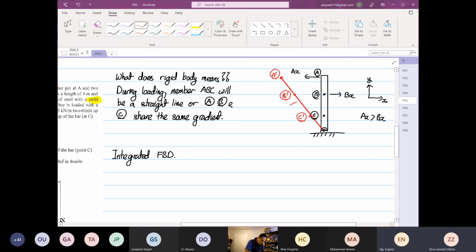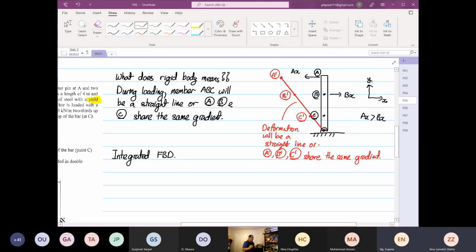So that's what we mean by the deformation will be a straight line, or points A prime, B prime, and C prime share the same gradient.